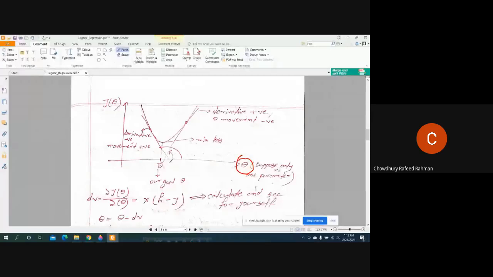Now, if we want to draw a graph having 3 thetas, how many dimensions do we need? 4 dimensions, because one dimension is for the loss itself. We would need 3 dimensions for the 3 thetas, and 1 extra dimension for the loss. Can we make 4-dimensional plots? No, sir. We cannot make 4-dimensional plots.